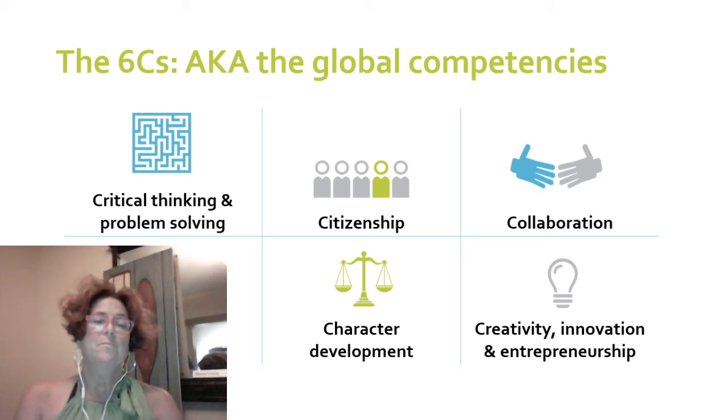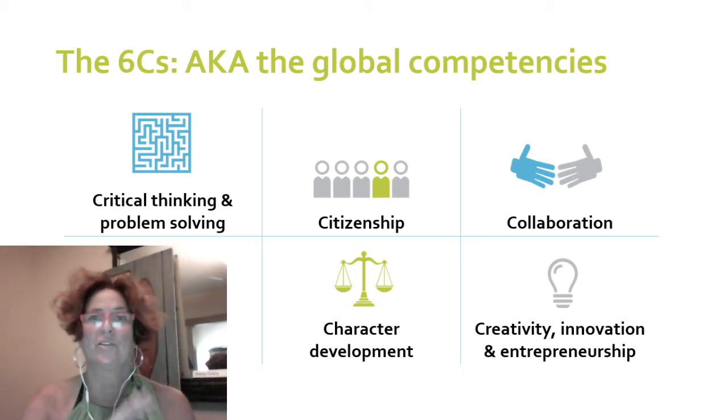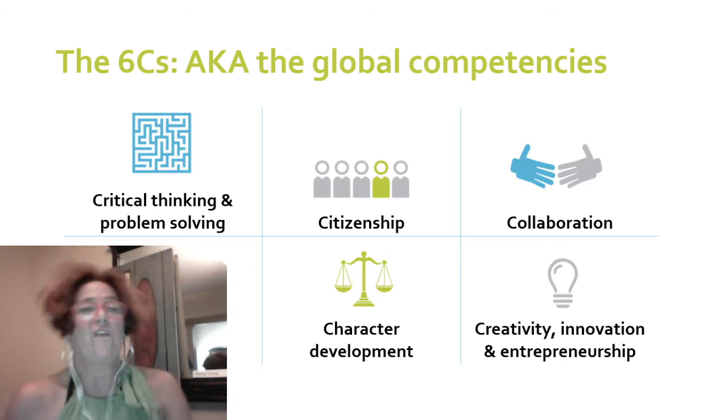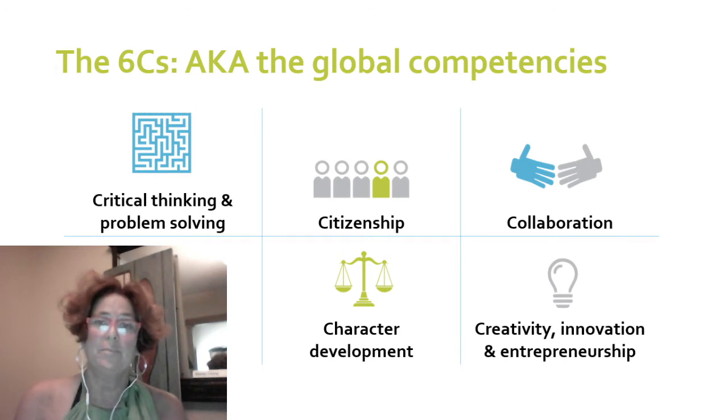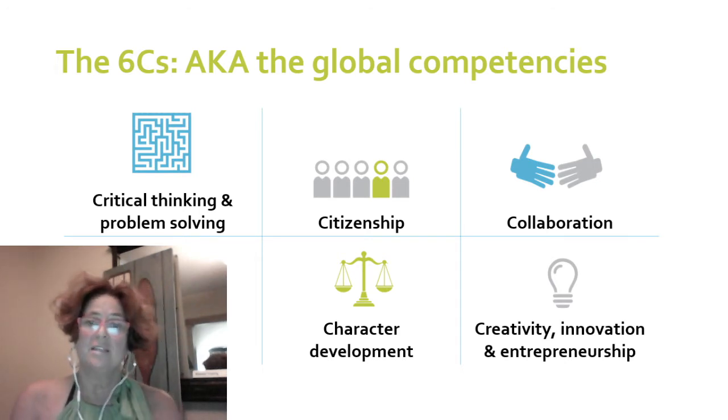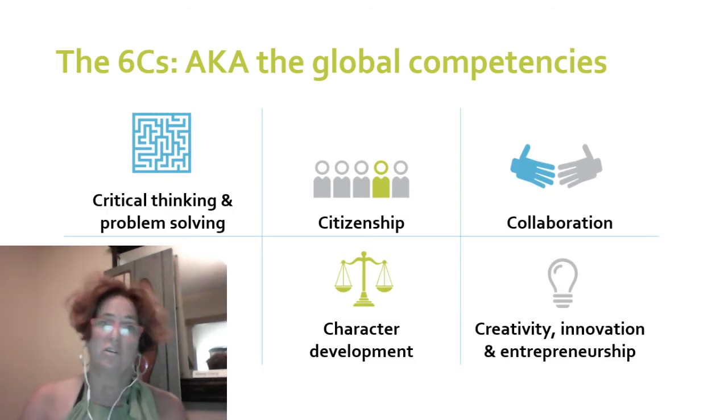And he made them all start with C, so we could remember them far easier. So they are critical thinking and problem solving, citizenship, collaboration, communication, character development, and creativity, innovation, and entrepreneurship.